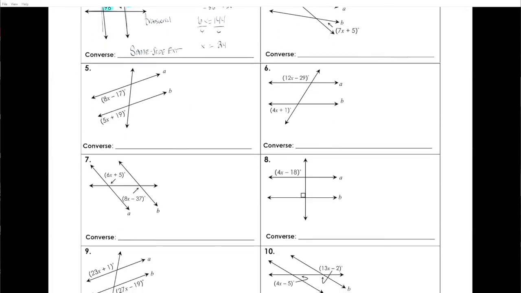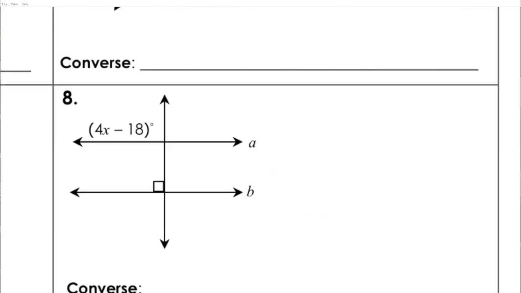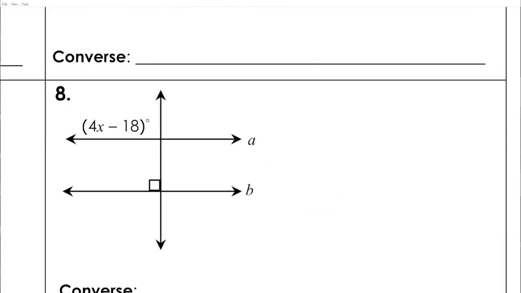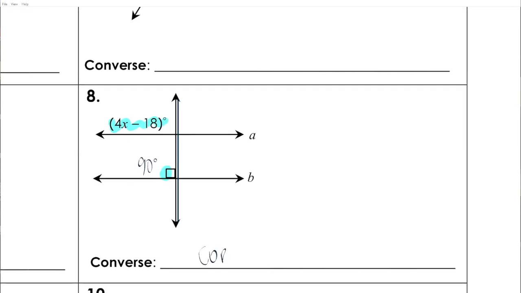Let's find one that's a little funky. Okay, this guy, he looks funky, but he's not funky. This is our transversal, the line that intersects 2 or more. Then we have 4x minus 18. And we have this box. And you guys are all geniuses, and you know that that box is 90 degrees. Well, these right here, ladies and gentlemen, are corresponding angles.